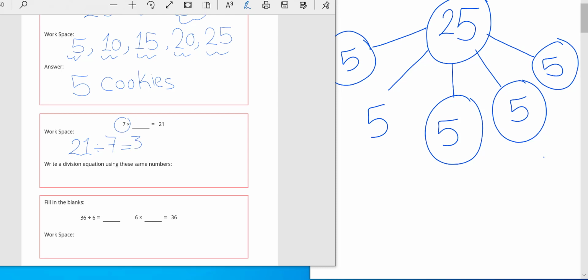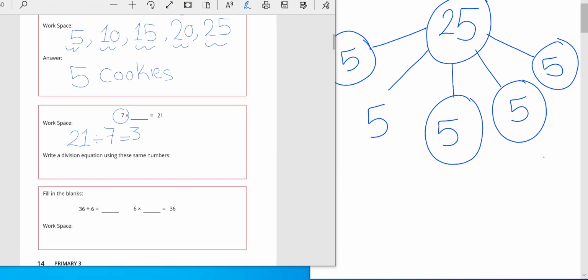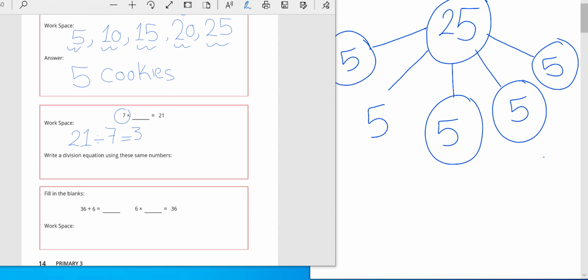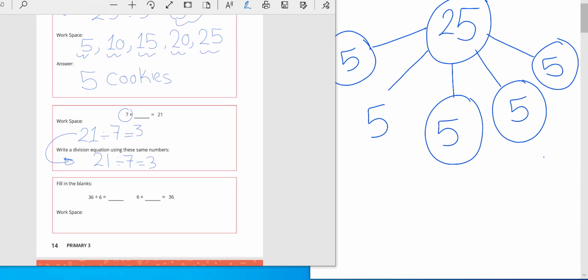Now he asked me to write a division equation using this same number. So we can write this division operation here, 21 divided 7 equals 3. Okay, in workspace we can use skip count strategy.